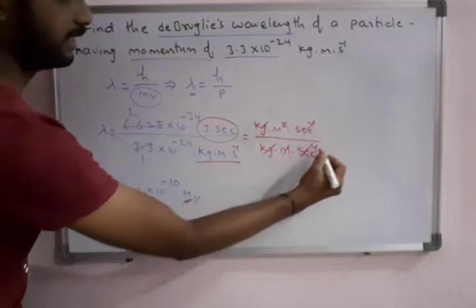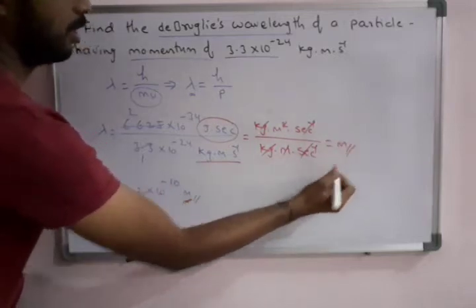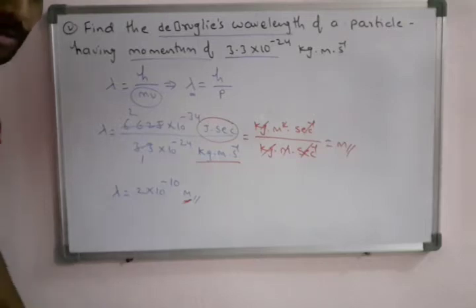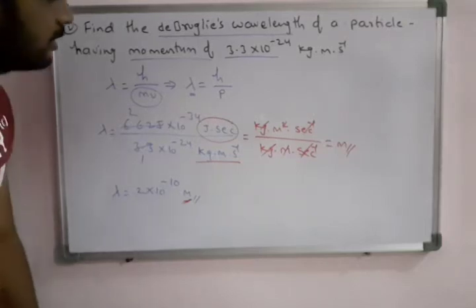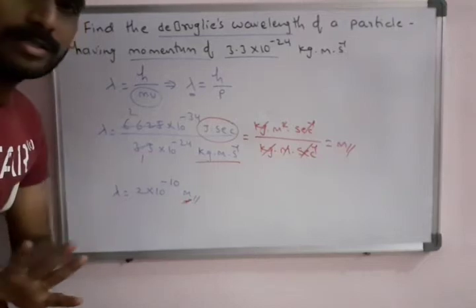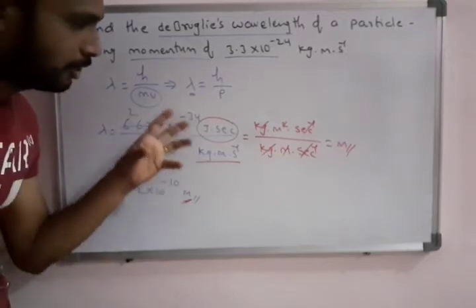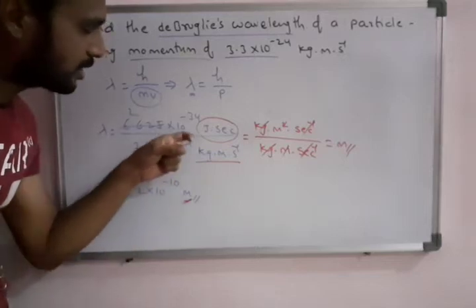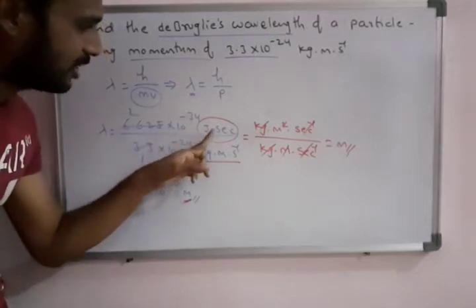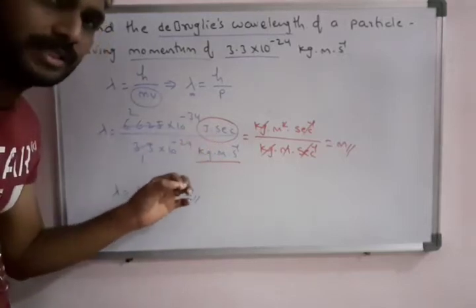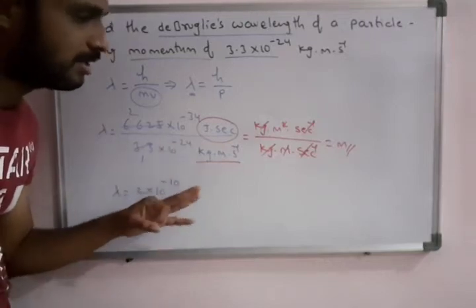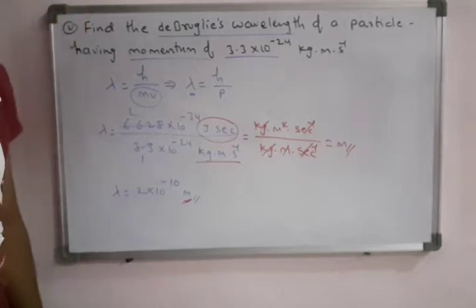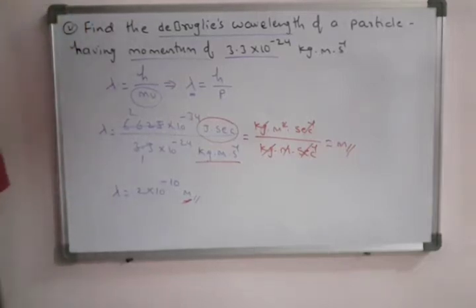So finally we will get meters. Always when doing this type of problem, we must take care of the units. As we are following the SI method, all values must be in the SI method. If you follow the CGS method, meaning erg into second, then all values must be in the CGS method. Okay, take it.